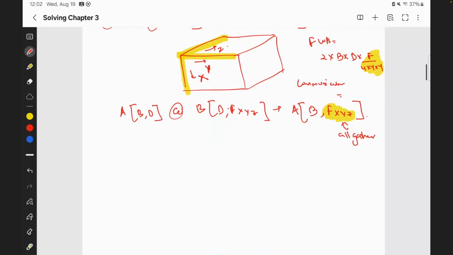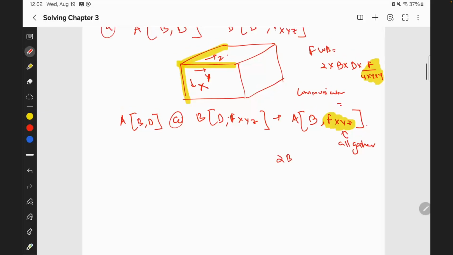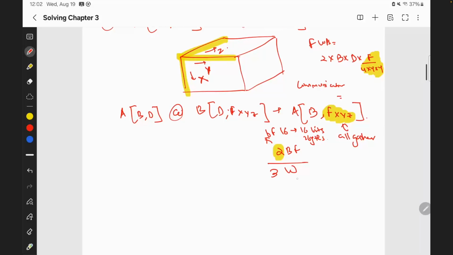So your total array size is 2bf, and this 2 comes from bf16. bf16 has 16 bits or 2 bytes, so 2bf divided by 3 into w, and this is the bidirectional bandwidth.